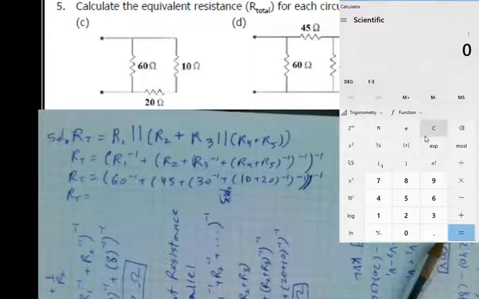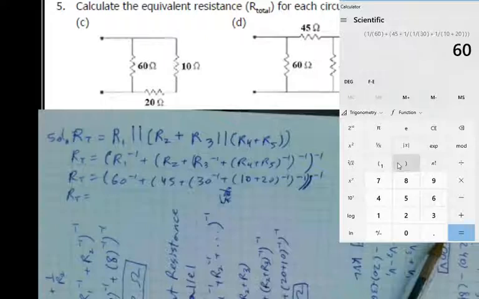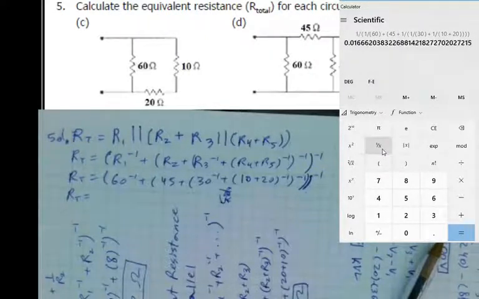So bracket 60 reciprocated plus bracket 45 plus bracket 30 reciprocated plus bracket 10 plus 20, close the bracket, reciprocate, close the bracket, reciprocate, close the bracket, close the bracket, reciprocate.